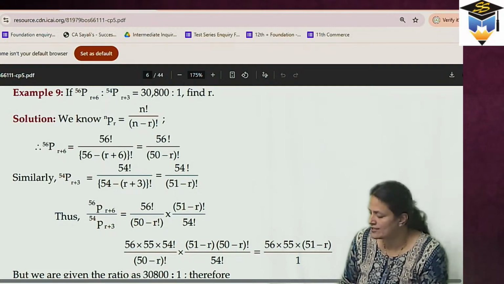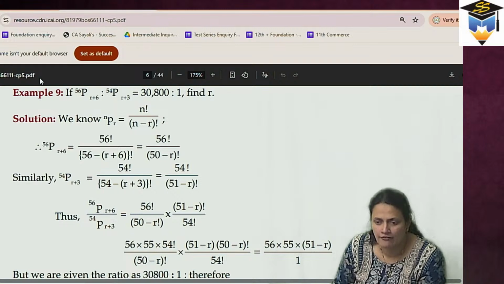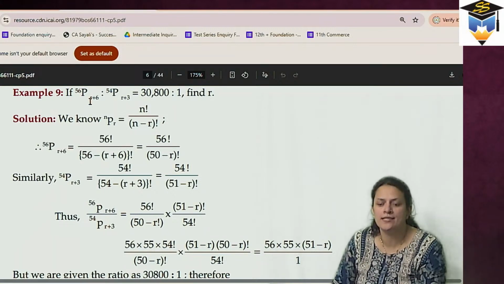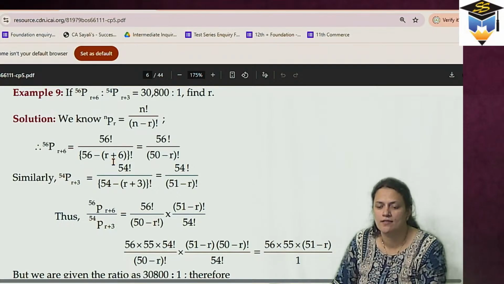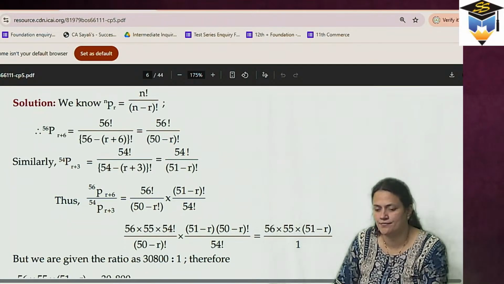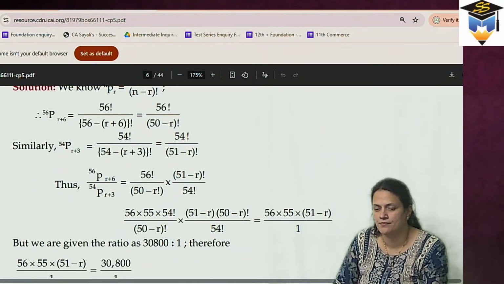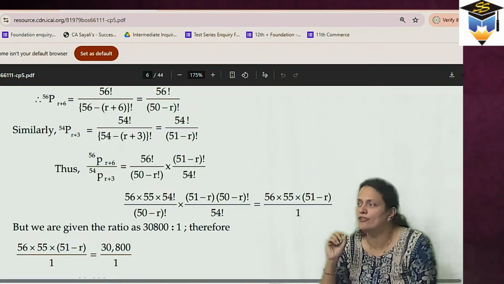So here observe this carefully. They have given us 56 P r plus 6. So this r plus 6 is what? Check this out. If you don't understand, ask. Equated to find out the value of r.